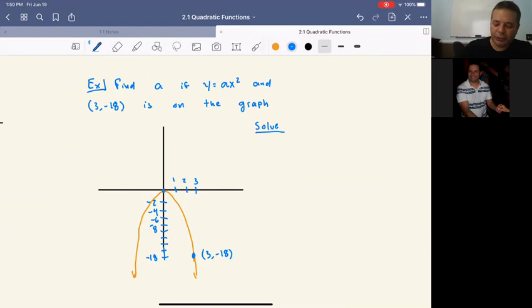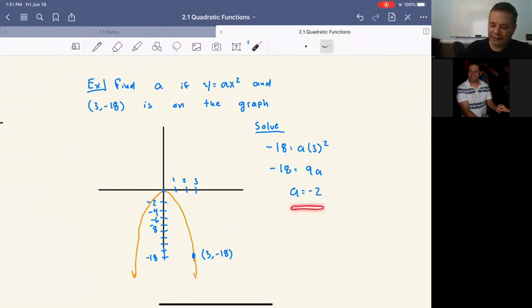We use this point in the equation: the 3 is our x, and the negative 18 is our y. So negative 18 equals 9a, and a then equals negative 2.